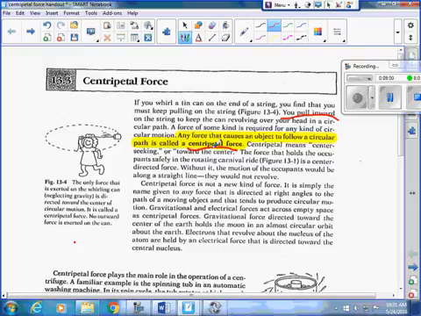The only direction that the force can be is toward the center, right? Now, you've all been on these types of rides. You feel like you're going to the outside, but is there a force on you? No. In fact, that feeling is inertia. Inertia is trying to get you to go straight, but the force is in towards the center, and that causes you to move in a circular path.